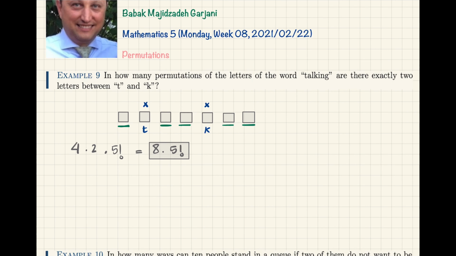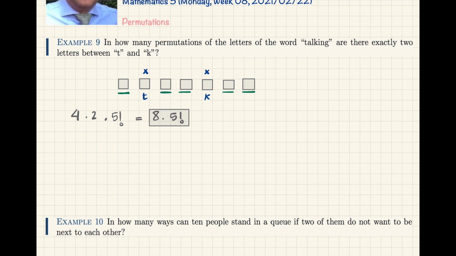Okay? So actually, I am breaking down this task into 3 stages. I choose a pair of positions with the property that I can have exactly 2 letters in between. After this stage is done, I take my letters T and K and locate them in the chosen positions, marked with this blue cross.